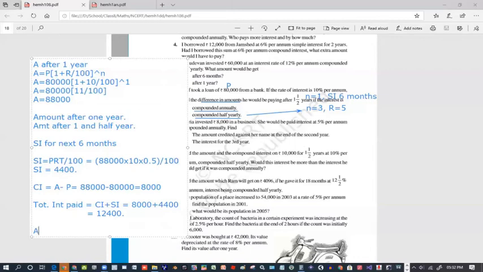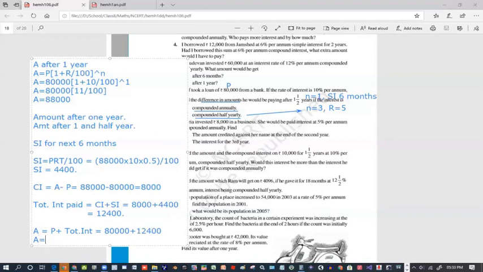So amount is principal plus total interest. So the total amount he paid was 80,000 plus the total interest paid, 12,400.